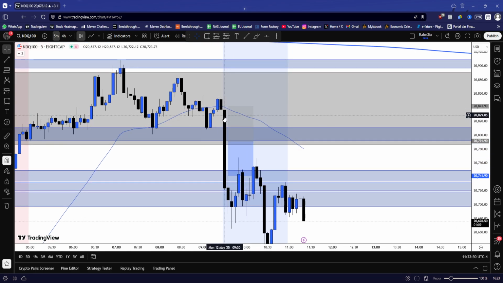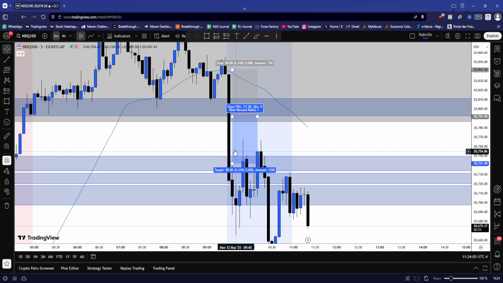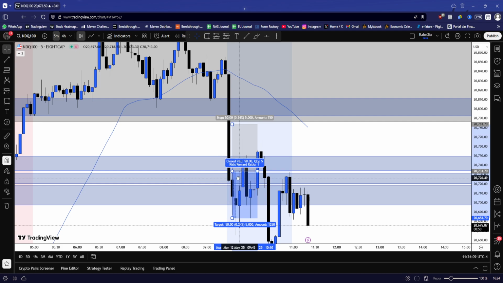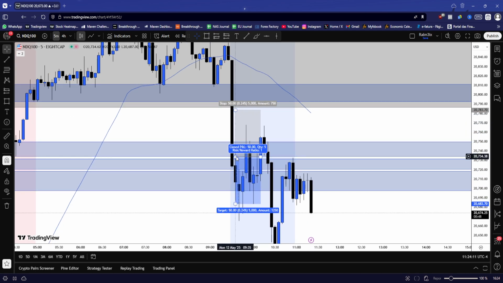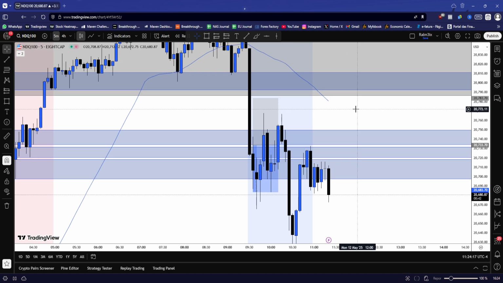We had a break and I thought, okay, maybe price will go to here, but in the last seconds of this candle I saw price so near to breaking this zone here. So I thought, okay, maybe it's better to prepare this trade here because it's closer to the candle closure. And basically that was what I did.